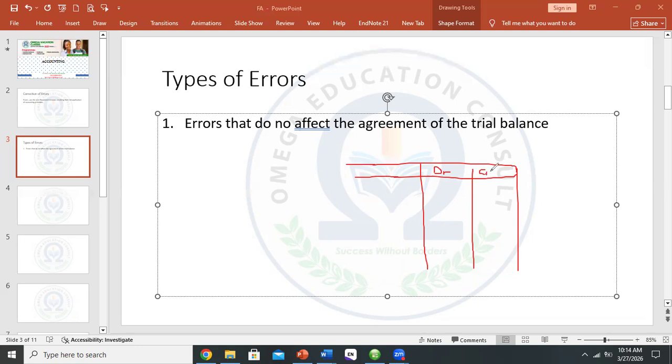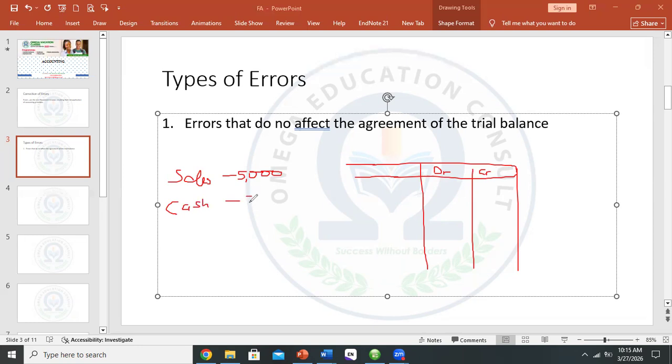Now let me put in just two items. Let's say we have sales, 5,000. And then we have, let's say, cash, also 5,000.